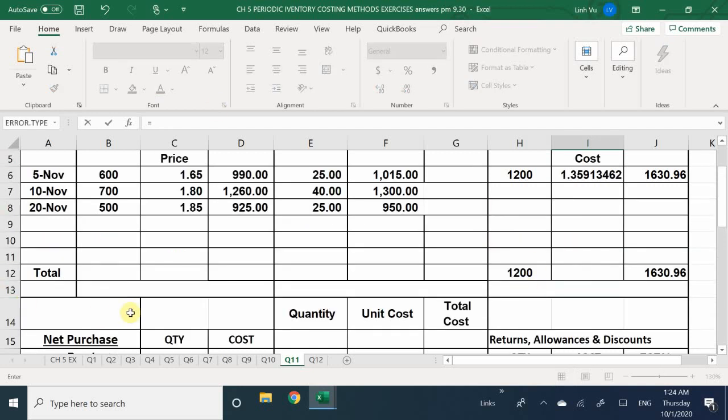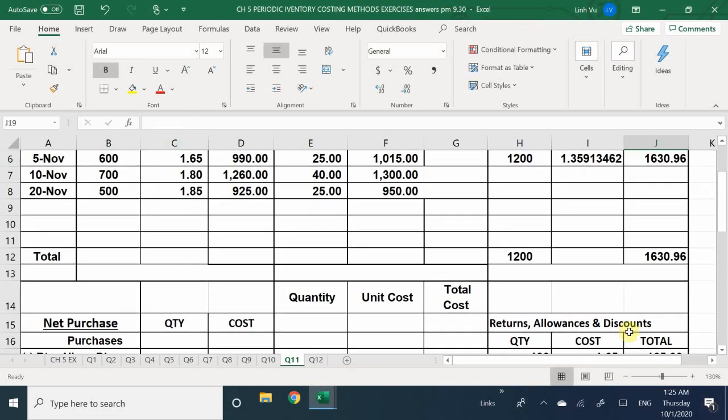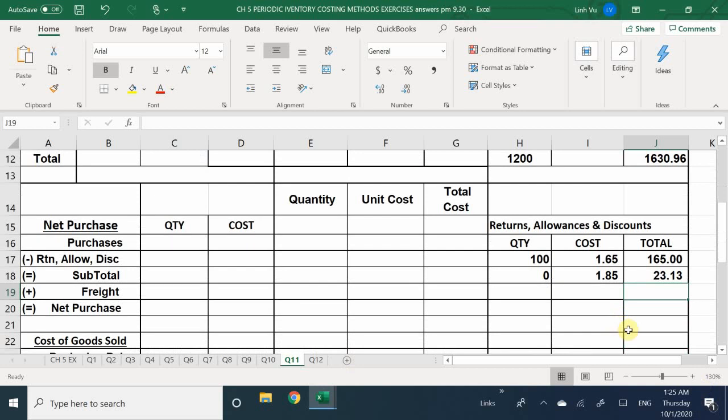However, I know that it cost me $1.85 per toy. We're going to multiply by the 50, and we're also going to multiply by the 20% discount.